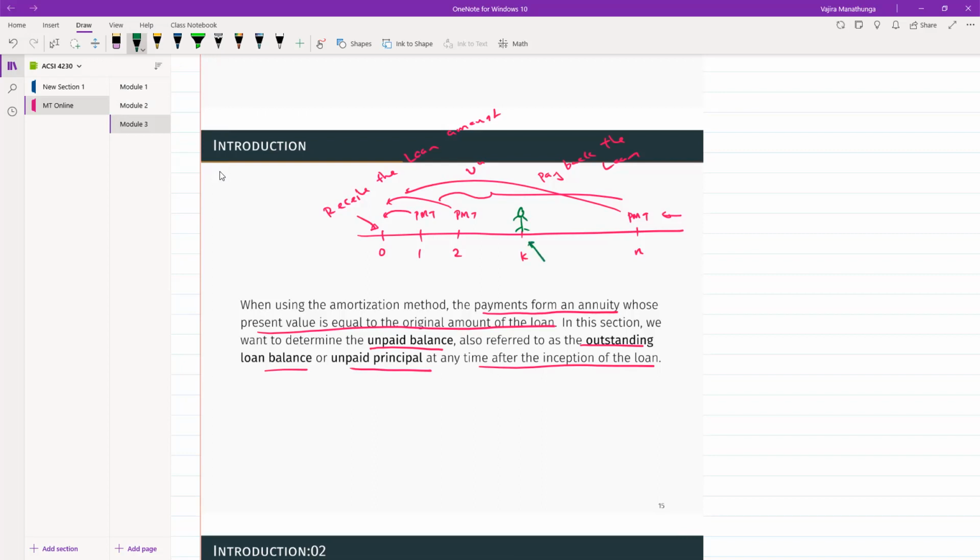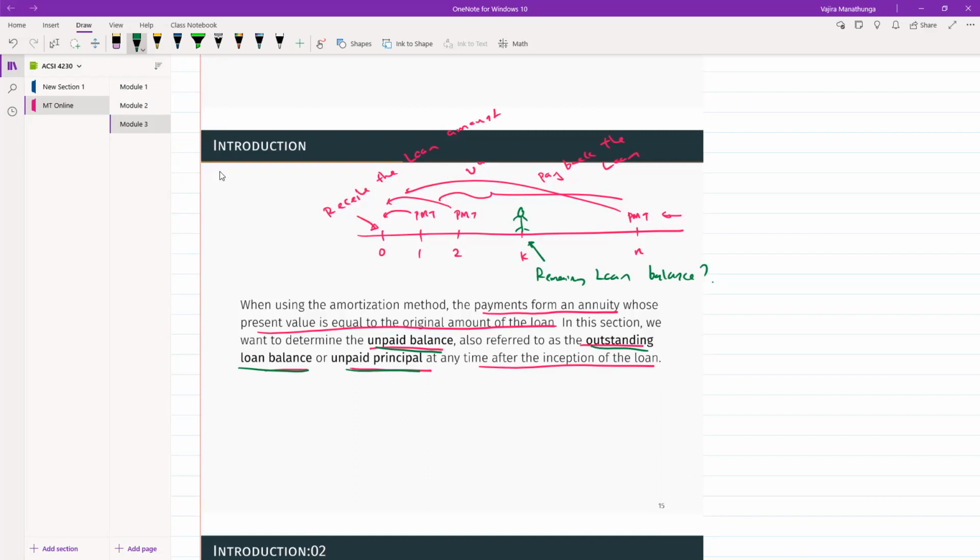So at this point, the remaining loan balance. Okay, that's called the outstanding loan balance or unpaid principal or unpaid balance. So we want to know how to calculate that.